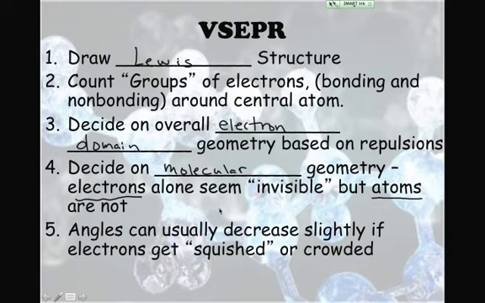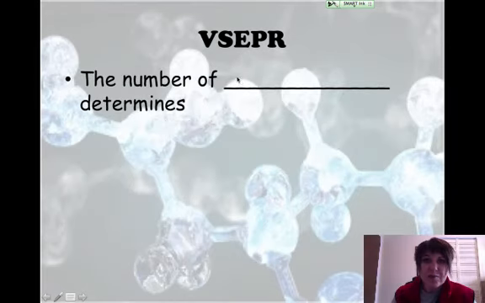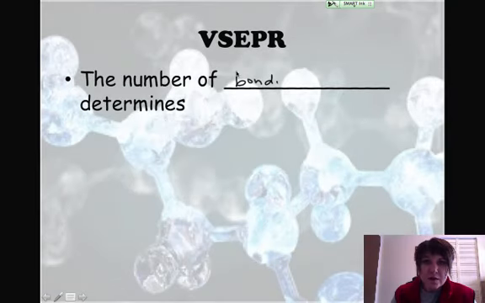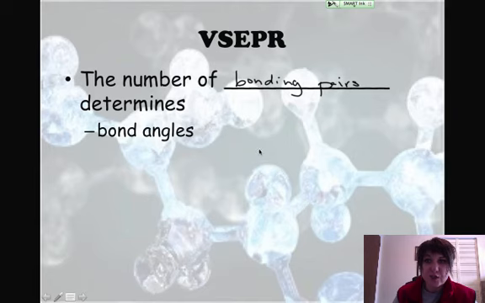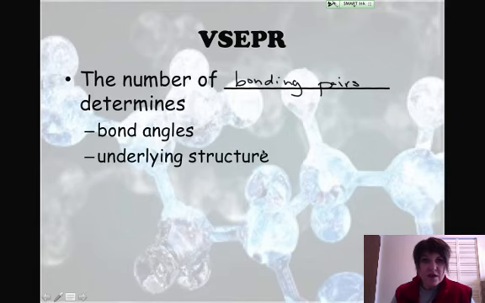And because there are some lone pairs, angles can be decreased slightly if these lone pair electrons cause squishing or crowding of any bonding pairs. The number of bonding pairs of electrons are going to determine some important factors, such as the bond angles between atoms and the underlying structure of the molecule itself.